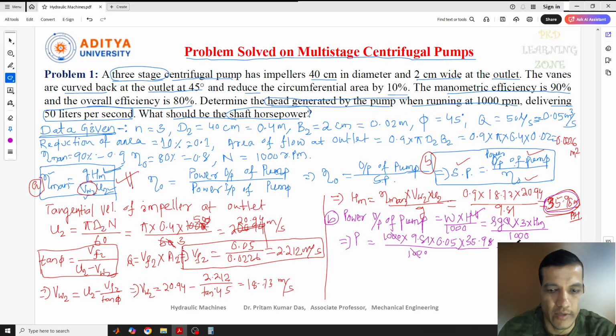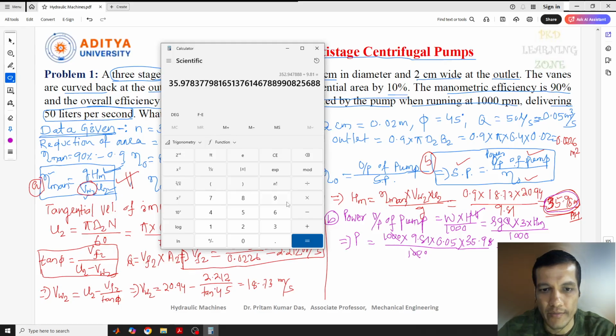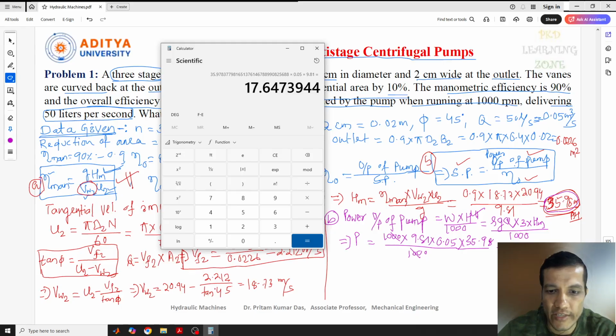Let's solve this. 35.98 times 0.05 times 9.81 gives 17.64. Here one more thing, you have not multiplied by 3, so multiply by 3 and you get 52.94.